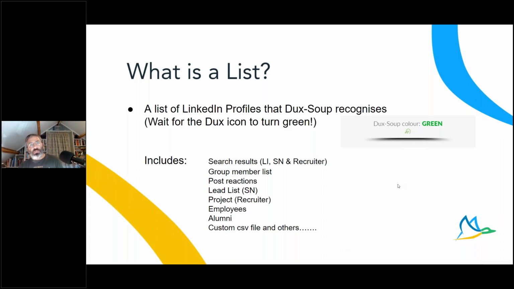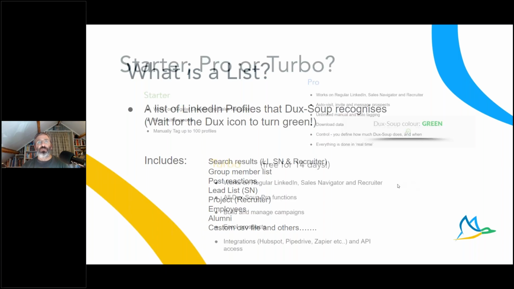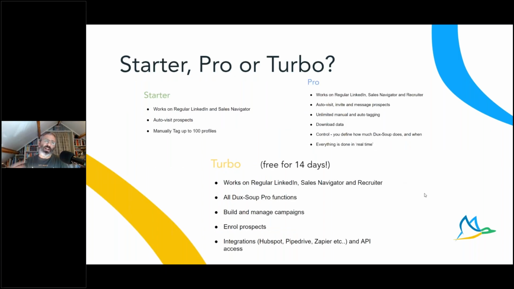So what about the different Dux Soup versions and the different features? We did a webinar about this a month or two ago, Starter, Pro or Turbo. So very quickly, Starter works on regular LinkedIn and Sales Nav, and you can use it to auto visit profiles. And that is a zero cost version. The Pro version works on regular LinkedIn, on Sales Navigator, and in Recruiter.